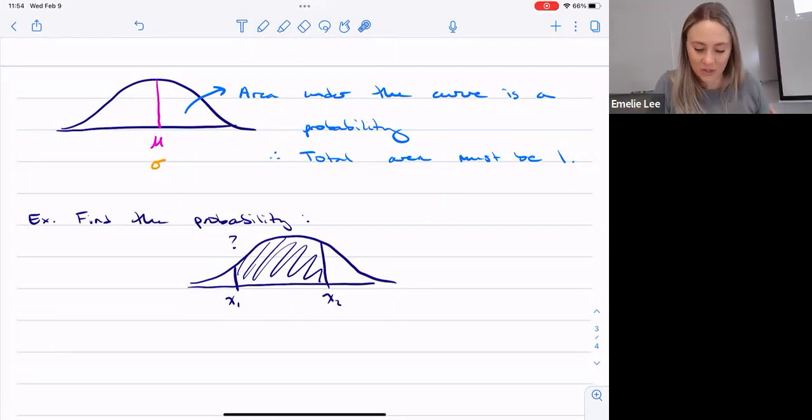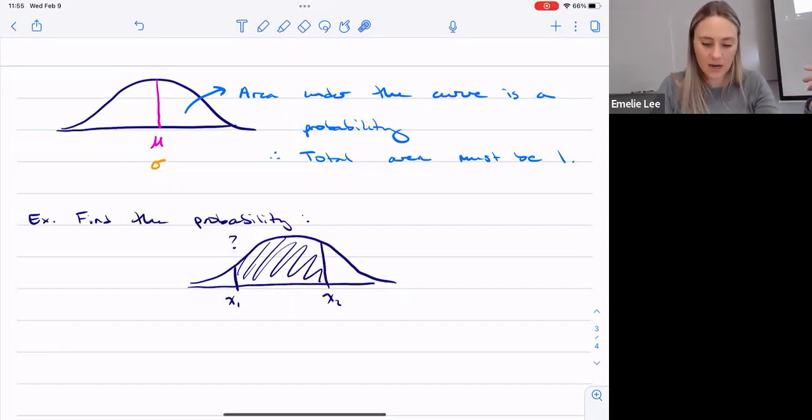So then we would take the function of this, which is a kind of an elaborate function of this curve, and then we would integrate between x1 and x2 to find that area. Now, we don't want to do that, and we don't have to. And that's where the Z table comes in. So the Z table gives us areas under the curve.